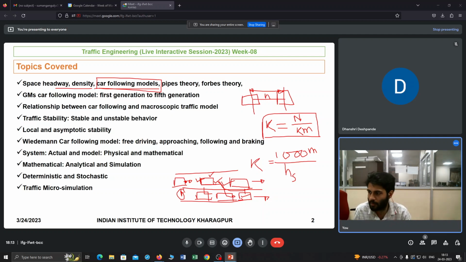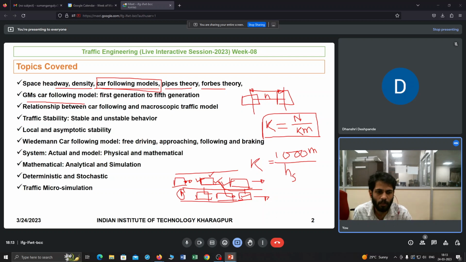vehicles are interacting. So then Pipes theory and Forbes theory were developed. I may not be going into the details of Pipes theory and Forbes theory, because the more important and more famous theory is the General Motors car following theory. I will be explaining the General Motors one, but if you have any difficulty, maybe in the later stages, I can explain those Pipes and Forbes theories.